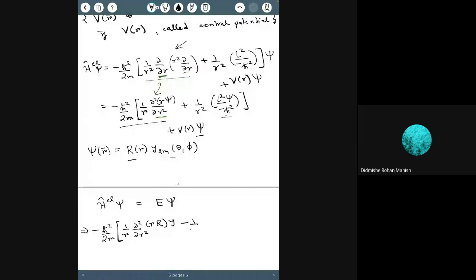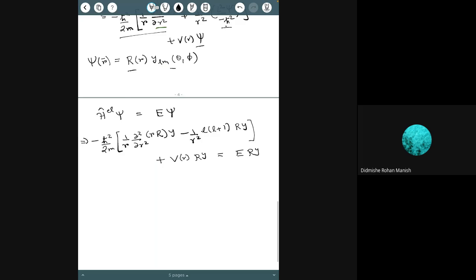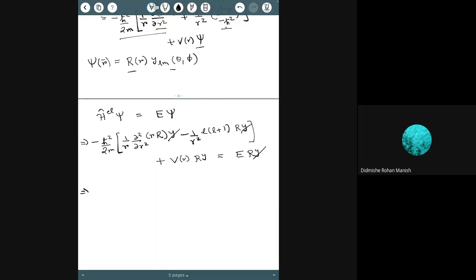Then we have 1 by r squared. L square operating on Y_lm will give me l into l plus 1 and give me back psi. And then I have V(r)R Y equal to E R Y. So then I can remove Y, and I end up with a purely radial equation.